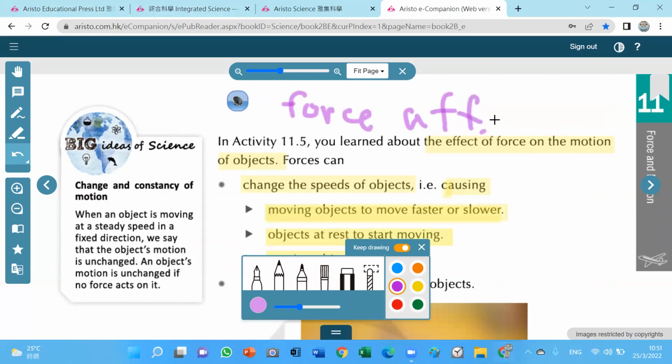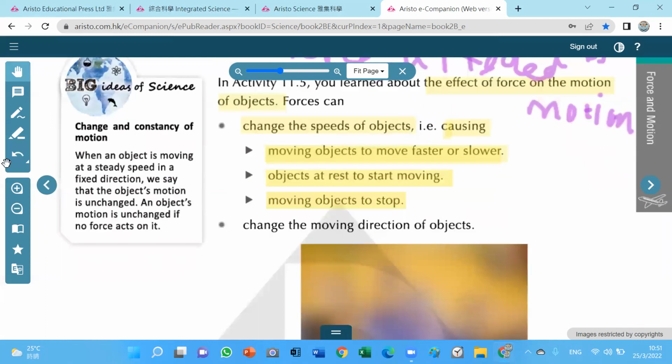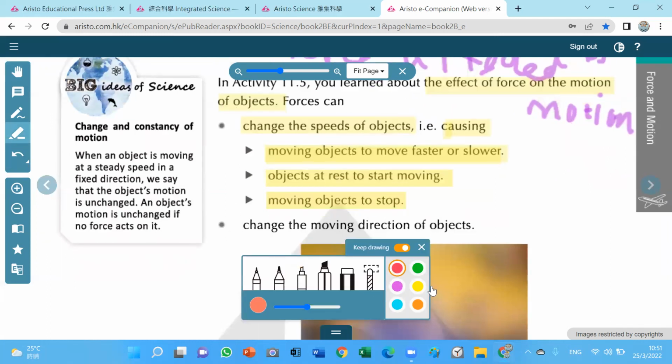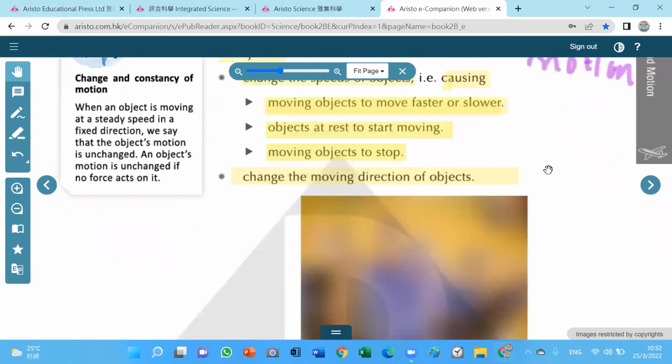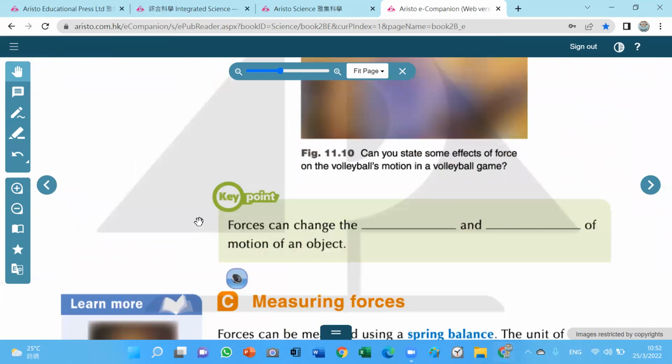So force is affected by motion. Okay. So here is the photo. Okay, so force can change the what?